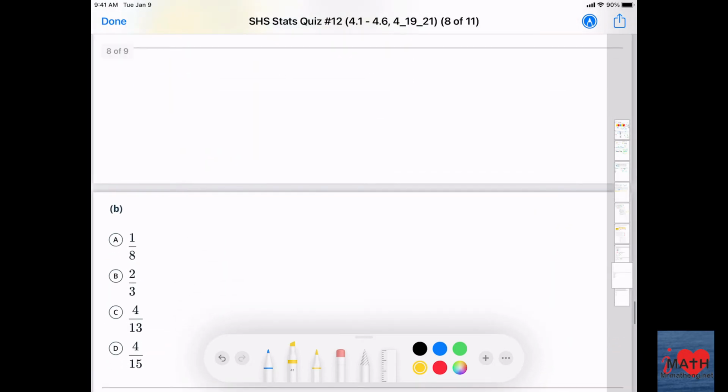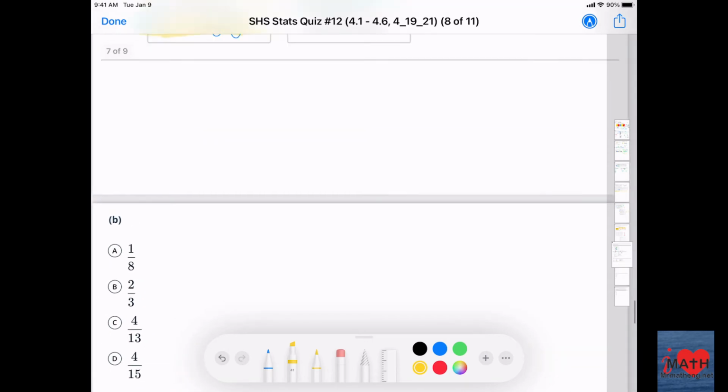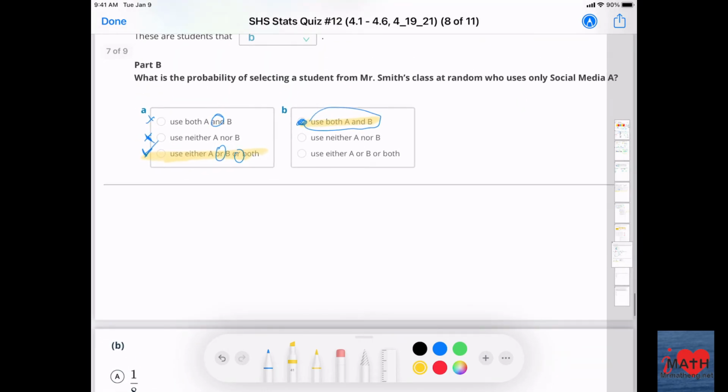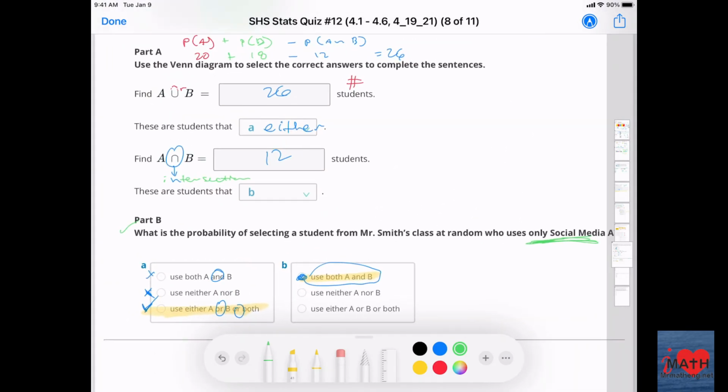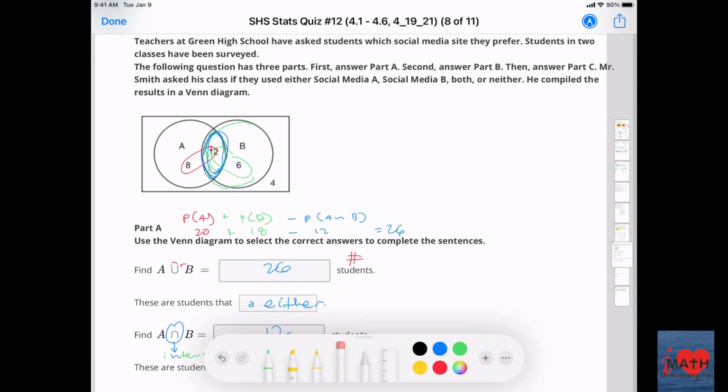And then part B. Part B is kind of weird, but that's how I broke it up. What is the probability of selecting a student from Mr. Smith's class at random? He uses only A. That means don't use both, just social media A. Let's just erase all this now.